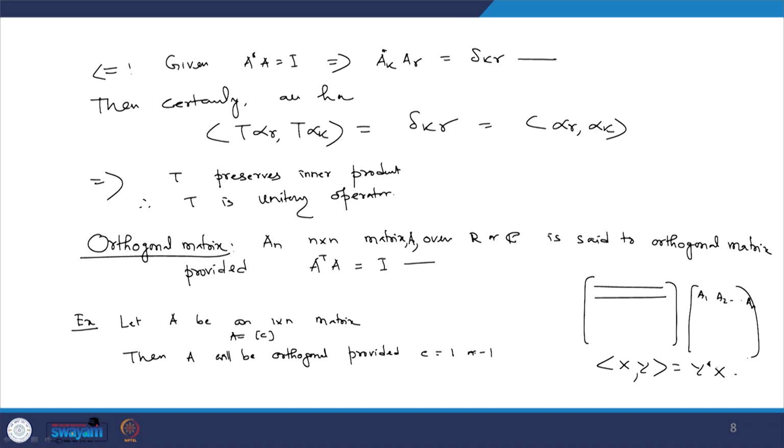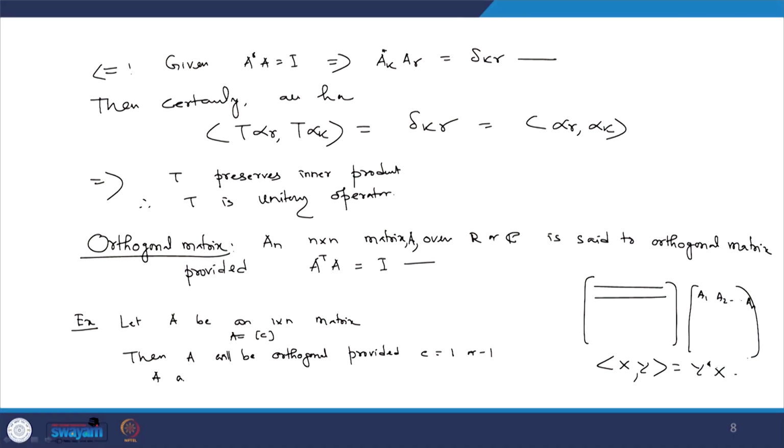Similarly, if C equal to minus 1, then minus 1 into minus 1 equals plus 1. So, if you consider a 1 cross 1 matrix A written as C, then A will be orthogonal provided C equals 1 or C equals minus 1.